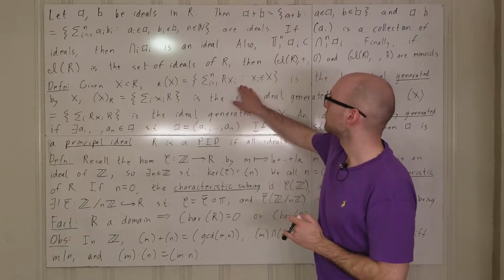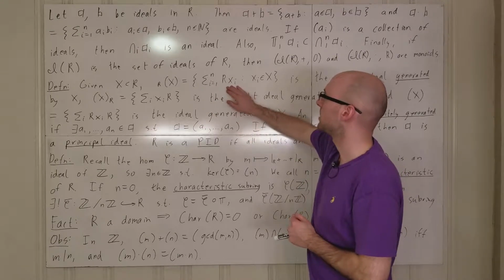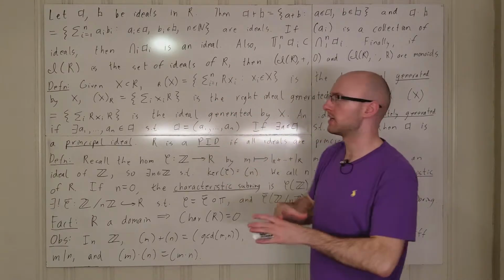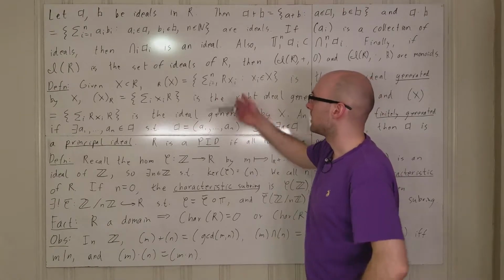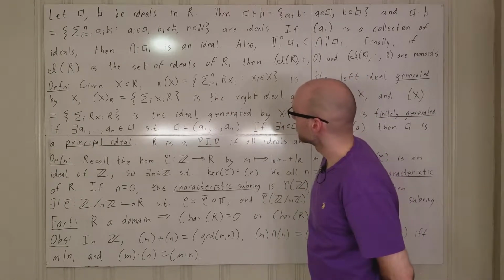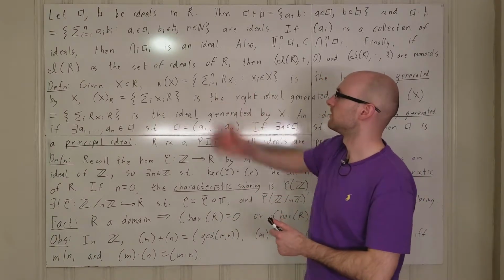Oh, and by the way, we don't fix x1 through xn in this definition. You take any finite subset of X and consider this sum, and then you consider all things of that form for every single finite subset.